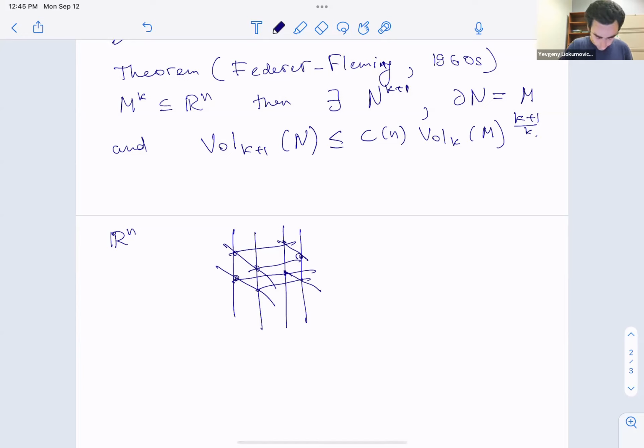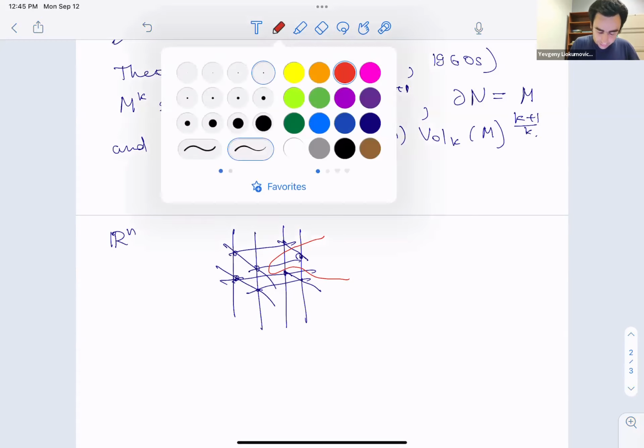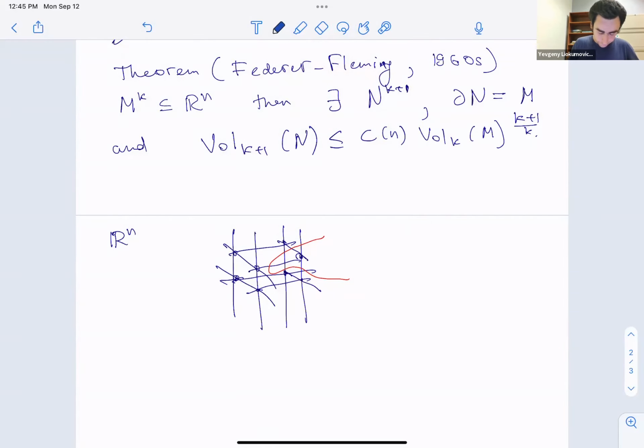Draw one cell of this lattice, and then we look at our M inside here, and we pick a point inside each cube, each cell of the lattice, and deform by projection this portion of M that lies inside that cube into a lower dimensional skeleton of this grid.